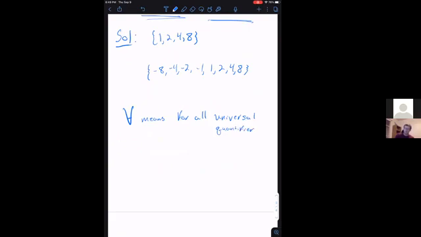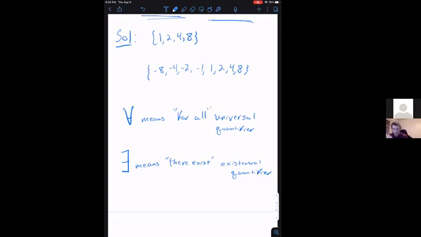And then there's this one over here, which means there exists, and it's called the existential quantifier. These are our 2 quantifiers, and they're going to help us express our thoughts, essentially.